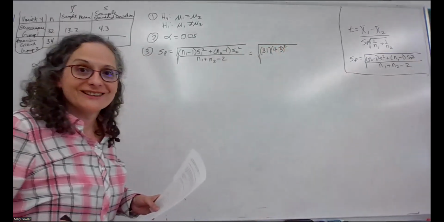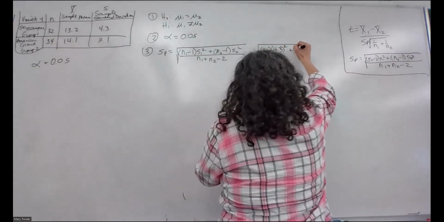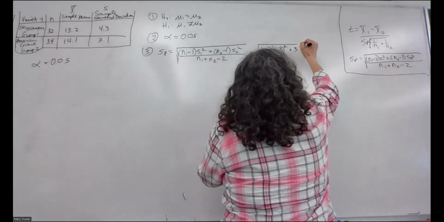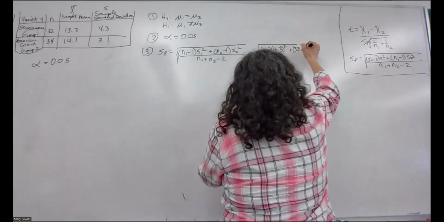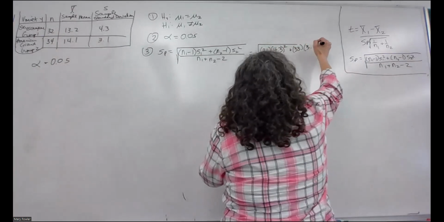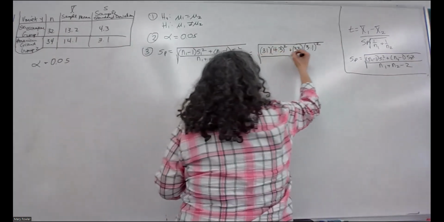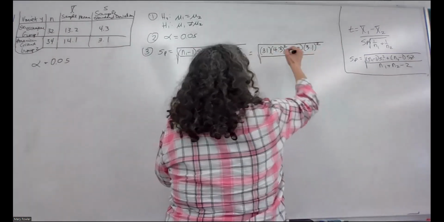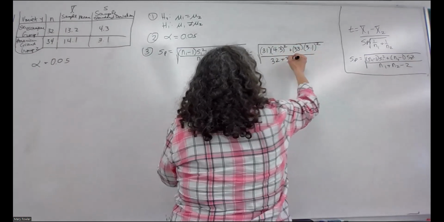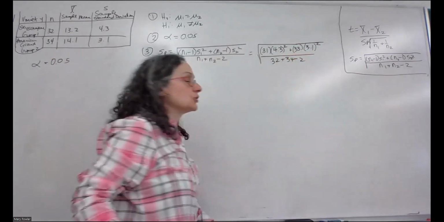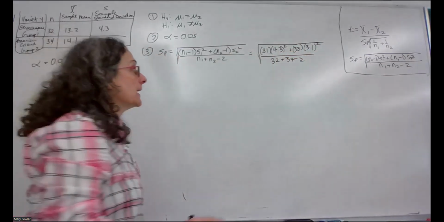It's the first chunk. And then we get 34 minus 1, that's 33, times 3.1 squared, and the whole thing gets divided by N1 plus N2 minus 2. Okay.